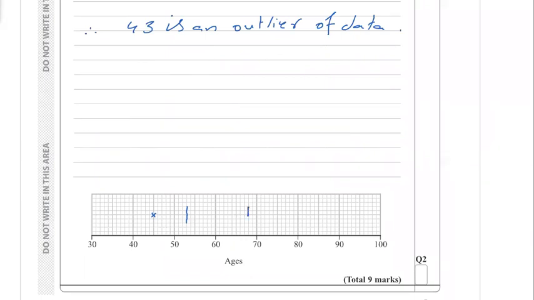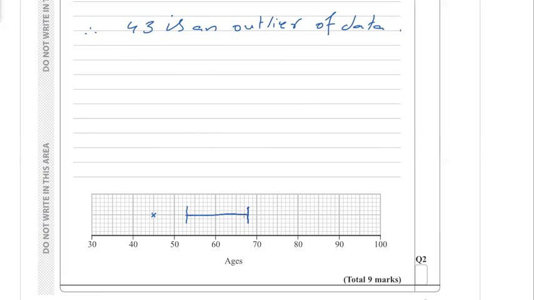So 68 is here. Make sure the length of the lines that you draw is equal. And then this is Q1. Between Q1 and the least value, you should draw a straight line.